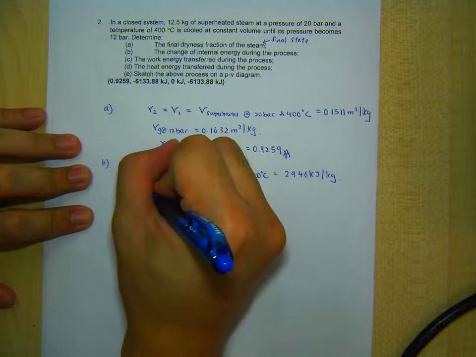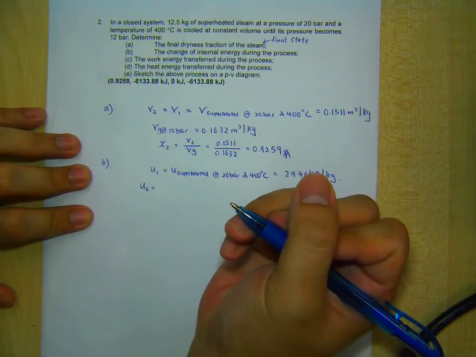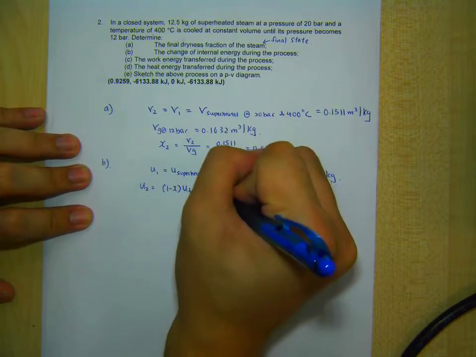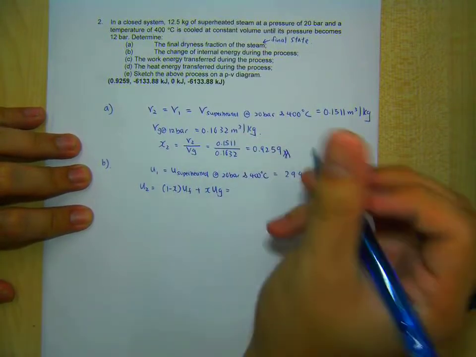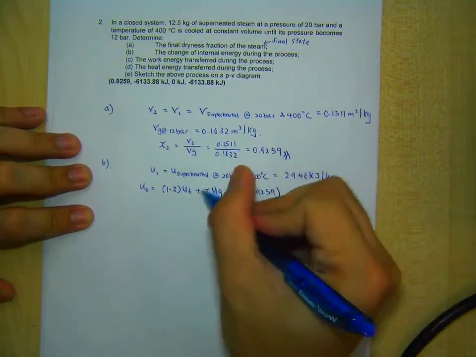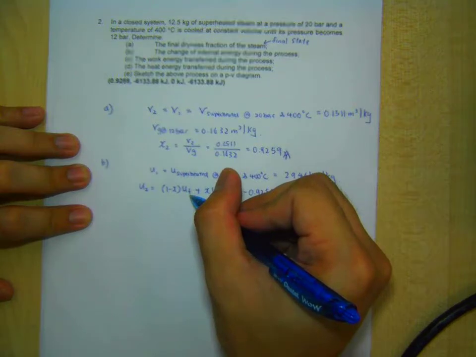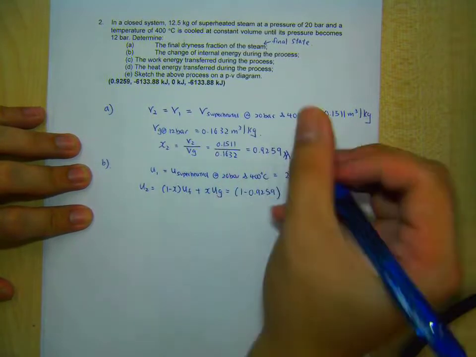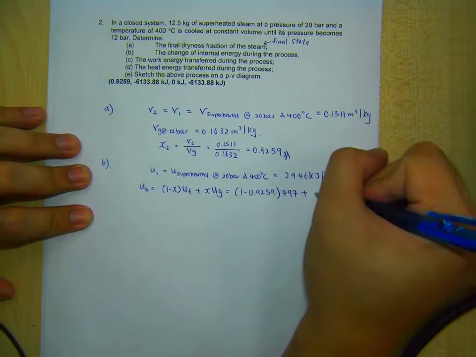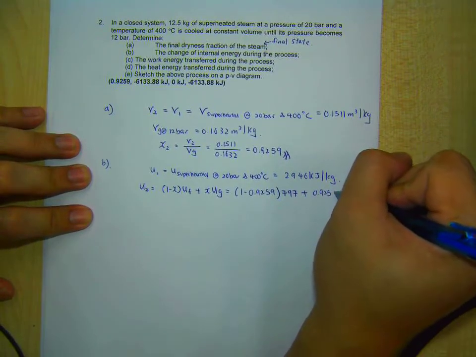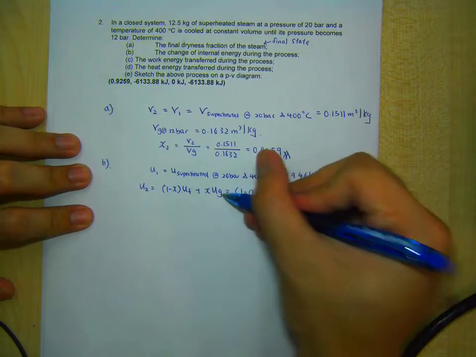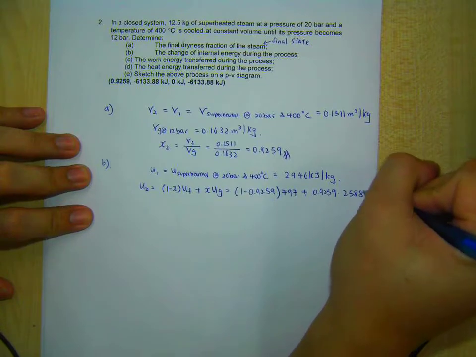U2, because it is wet steam, we use the wet steam formula: 1 minus 0.9259, times Uf at 12 bar. From the saturated water and steam table, Uf at 12 bar is 797, plus 0.9259 multiplied by Ug also at 12 bar, which is 2588.